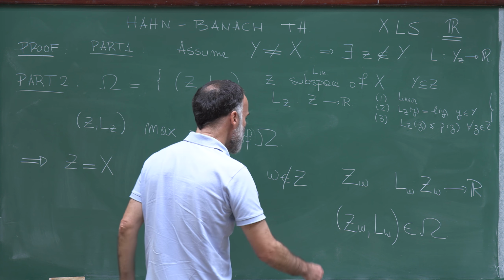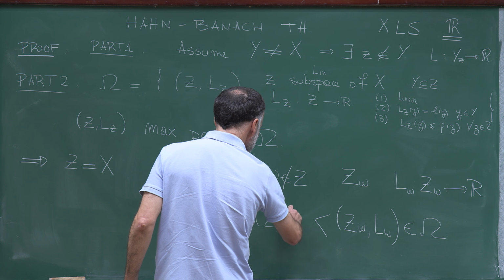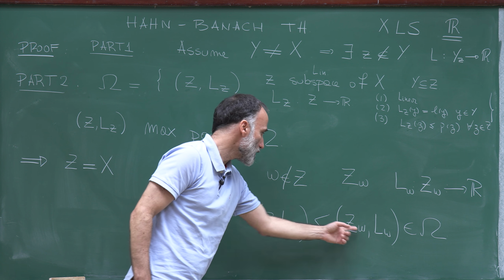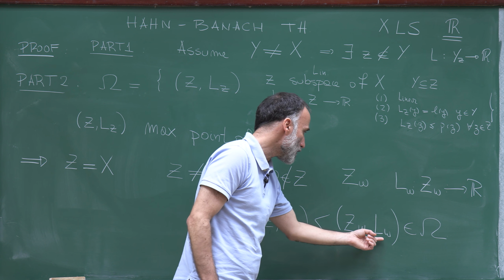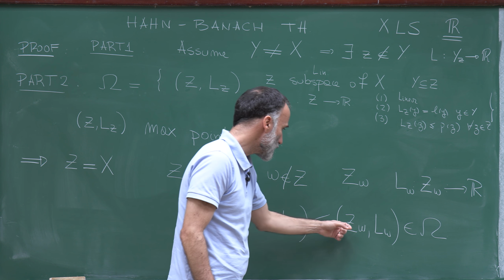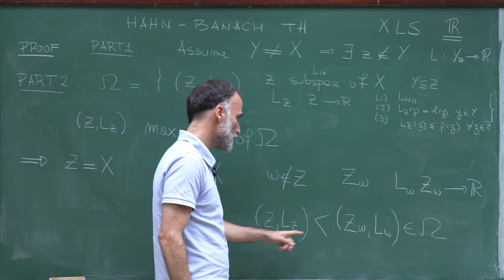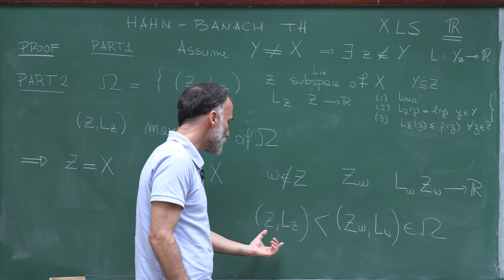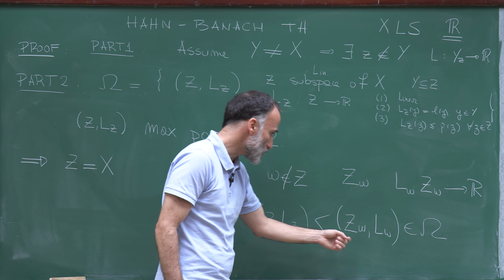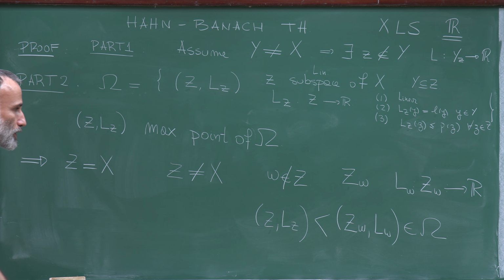And this point is strictly larger than the point Z, L_Z. Right? Because this set is larger than that one, and this functional coincides with L_Z on the space Z. So indeed they are different because this space is strictly larger, so they are not equal, and therefore this contradicts the fact that Z, L_Z is a maximal point because we just obtained a point in omega which is larger than this point.